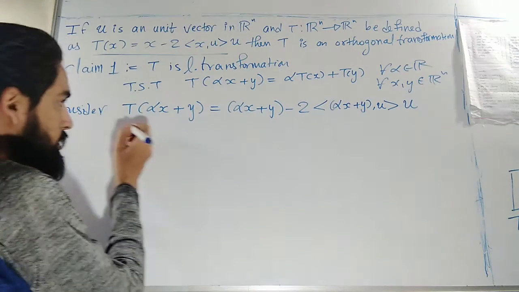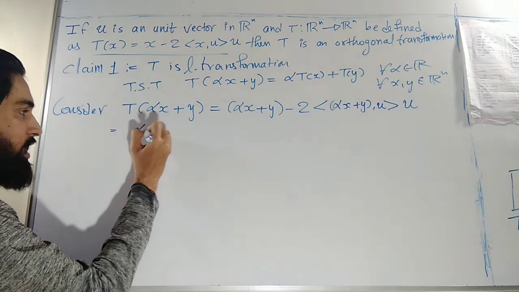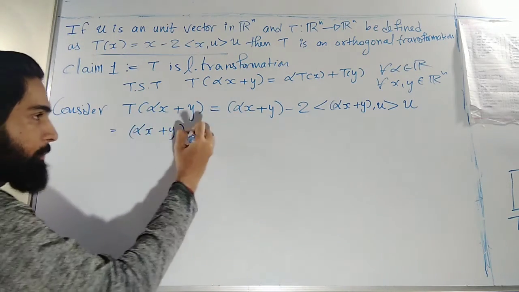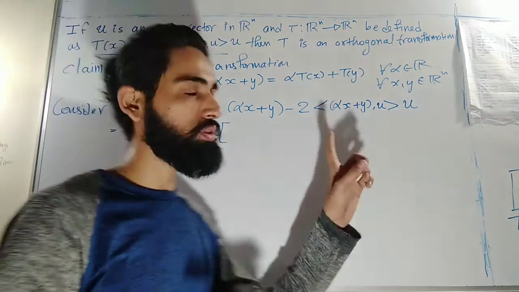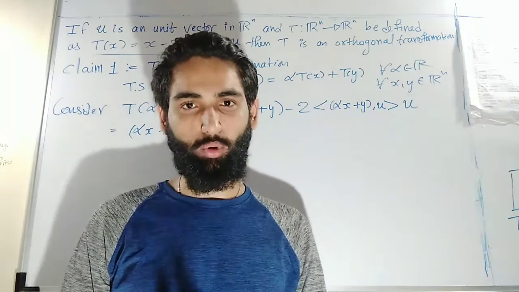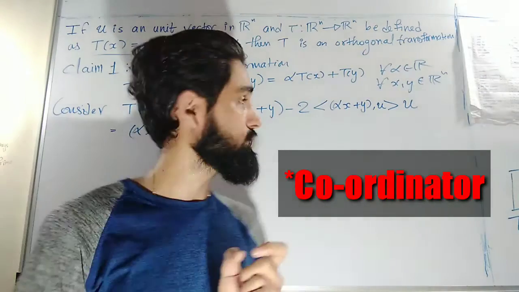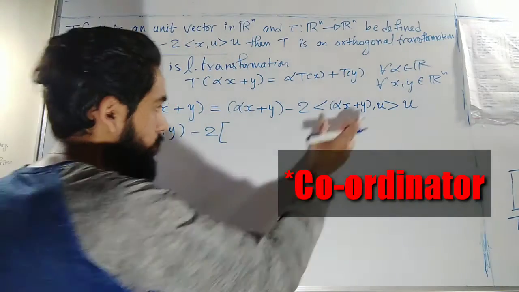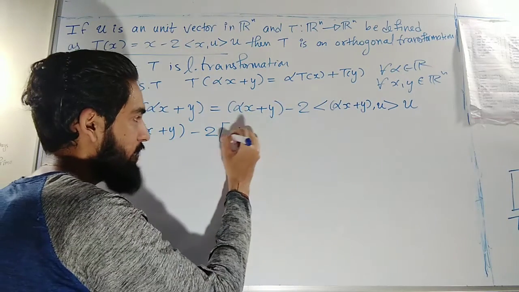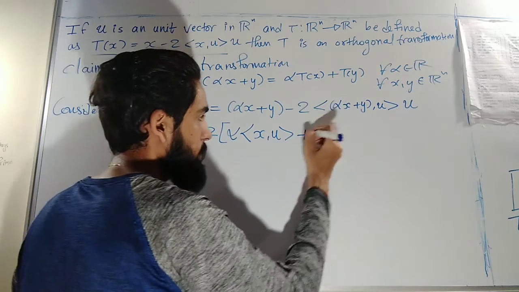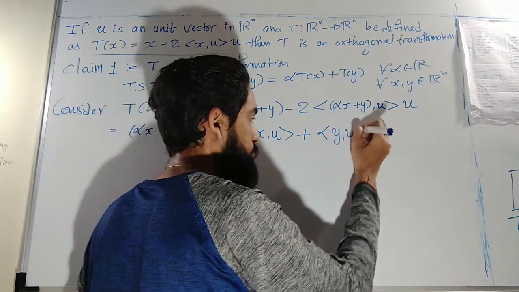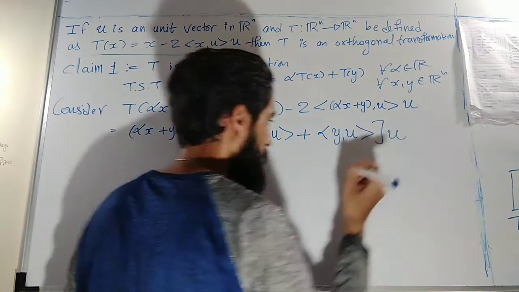So this is the same as alpha x plus y minus 2 times, inside a bracket, and we know this inner product is linear with respect to the first coordinate. So according to that, I will have alpha times inner product of x comma u plus inner product of y comma u, then multiplied with u.